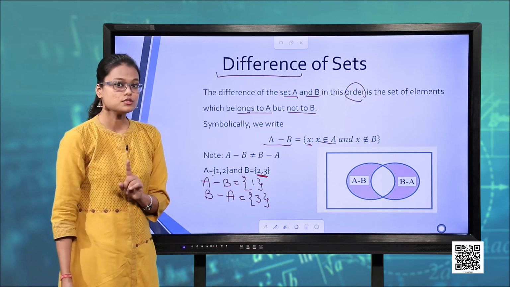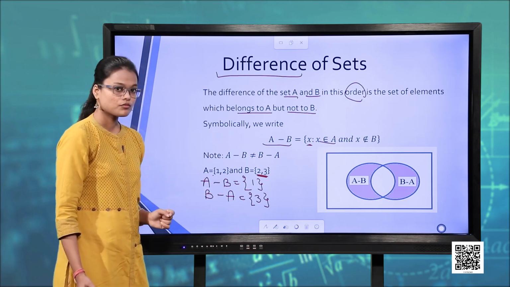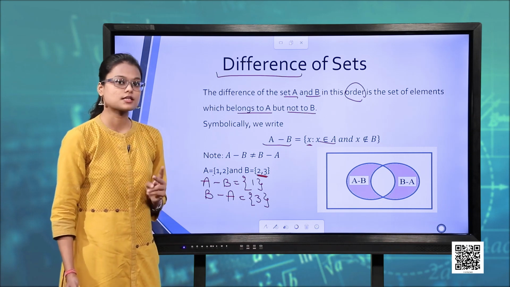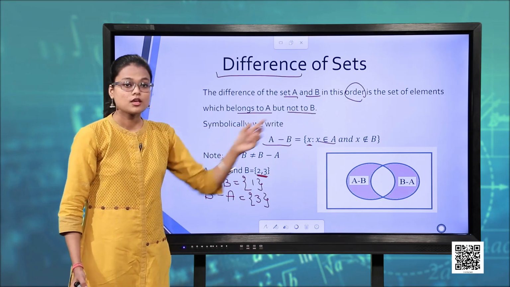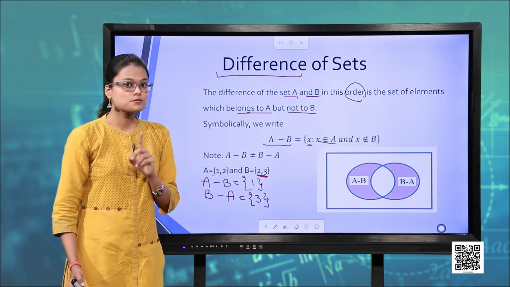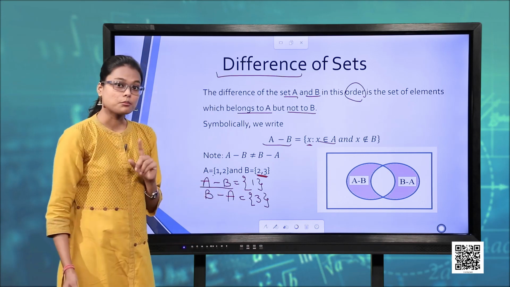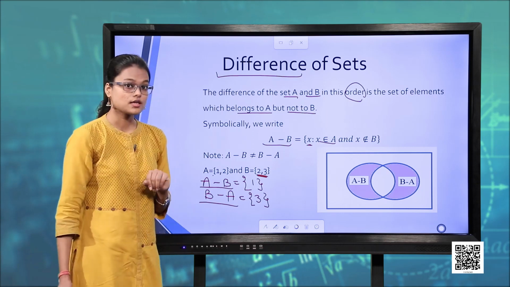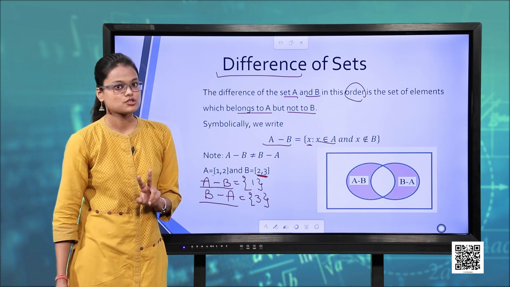Now observe students, A minus B and B minus A both are giving us different answers, different sets, and that is why order is important. So if I say A difference B, that means we are taking A minus B, and if we are taking B difference A, we are taking B minus A, because if we change the order, the answer will also change.